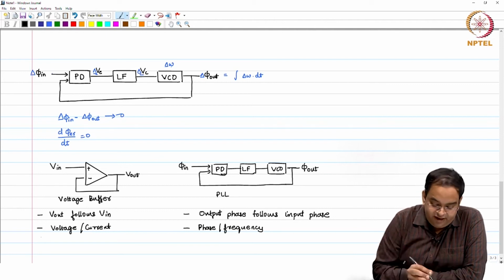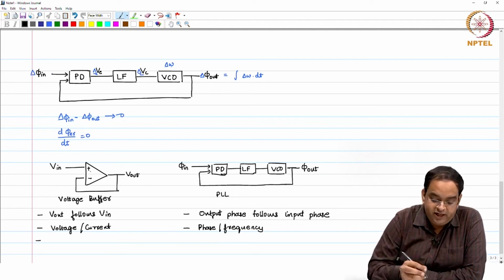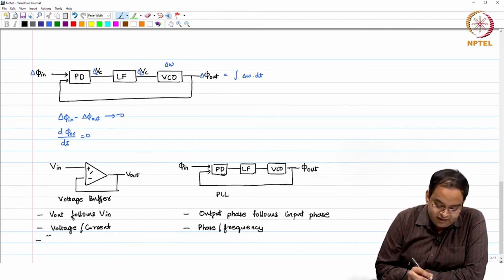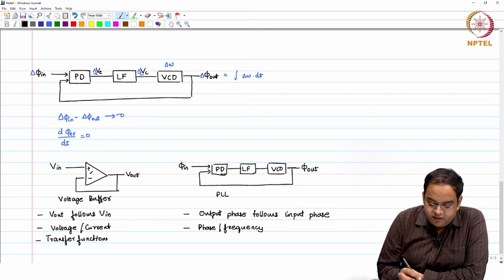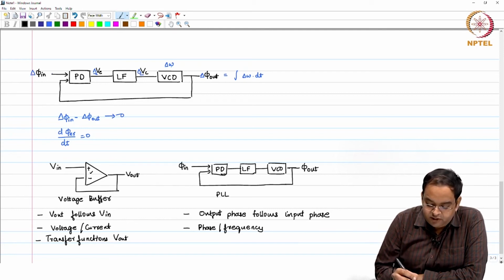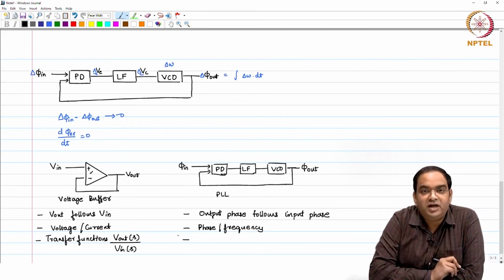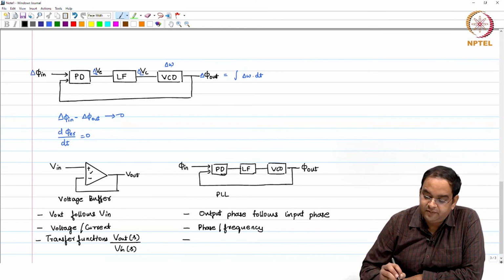The way you would analyze this particular amplifier and the voltage buffer is using transfer functions like V out of S by V in of S. In a similar way, you will analyze the input and output phase using the same kind of Laplace transform, Bode plots and others for a transfer function like this.